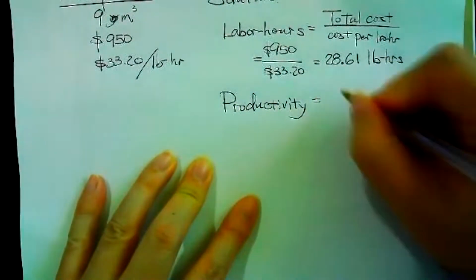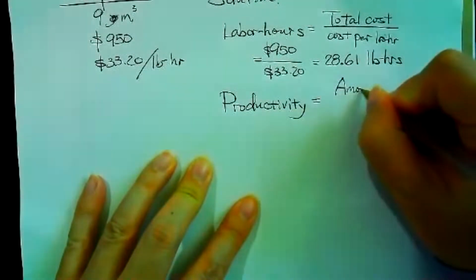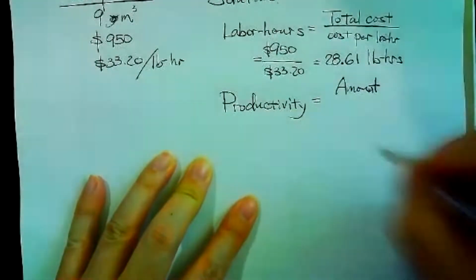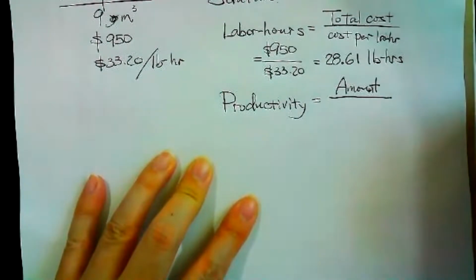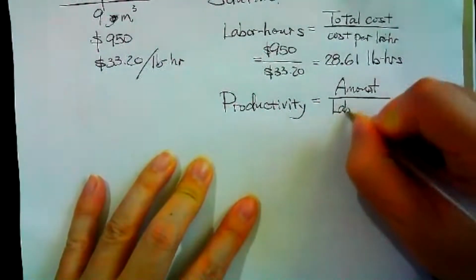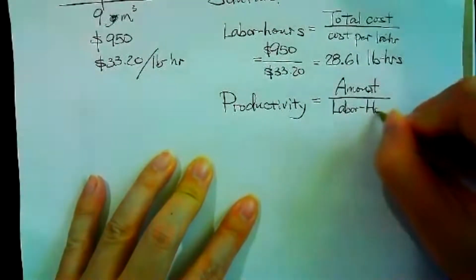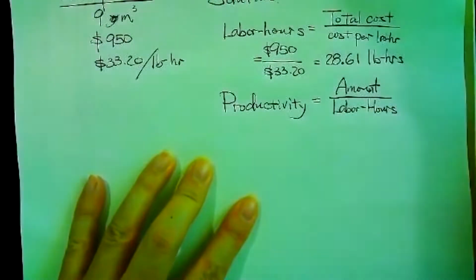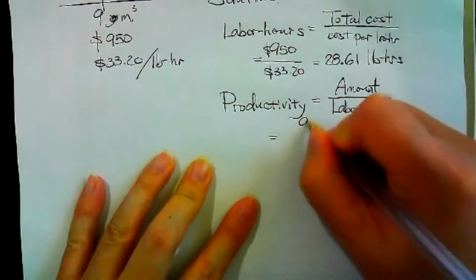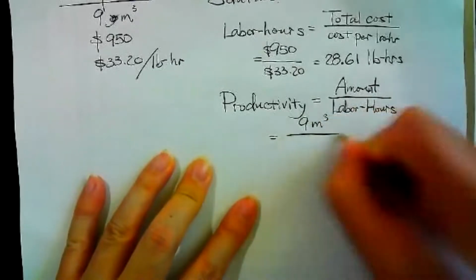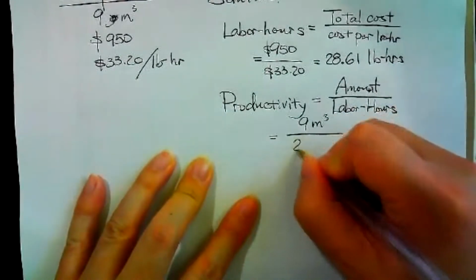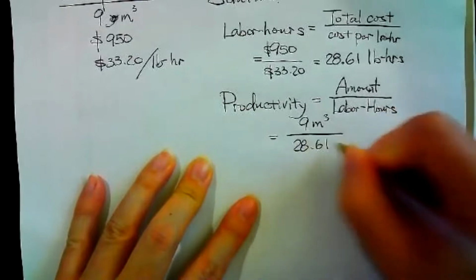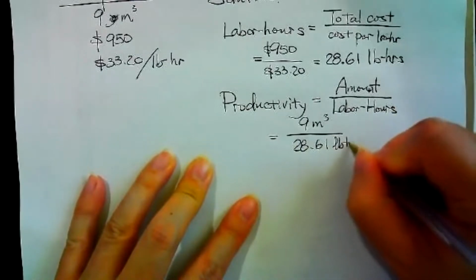Productivity is equal to the total amount of work divided by the labor hours. Amount of work, 9 cubic meters divided by 28.61 labor hours.